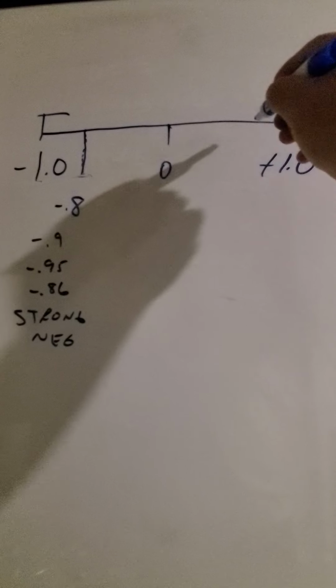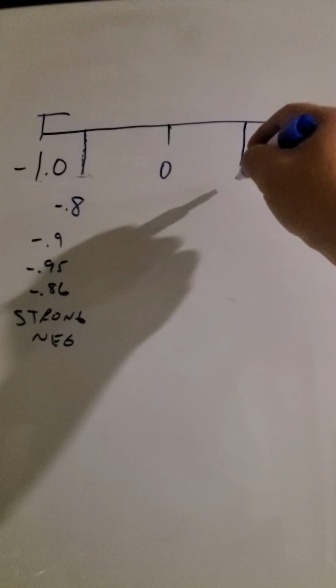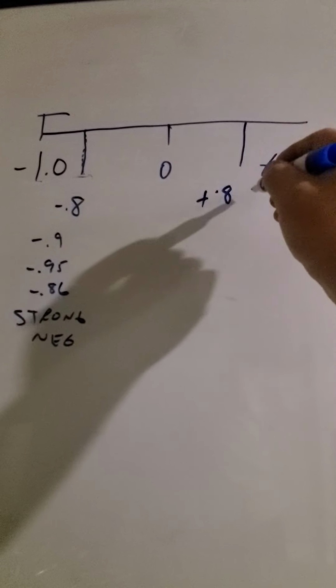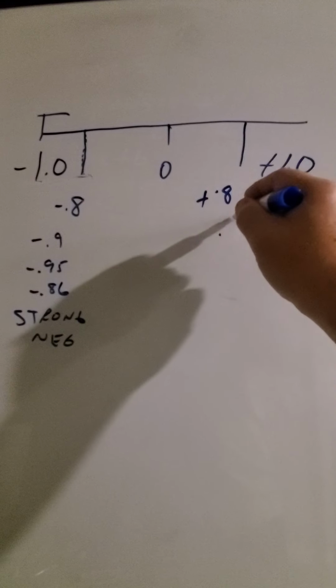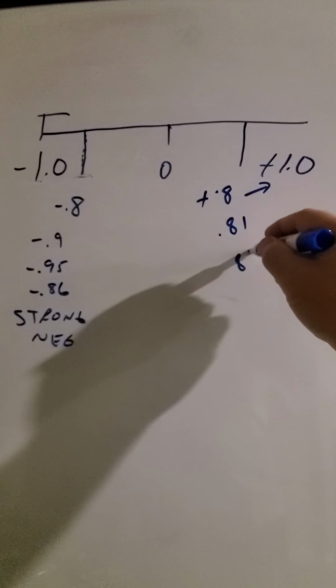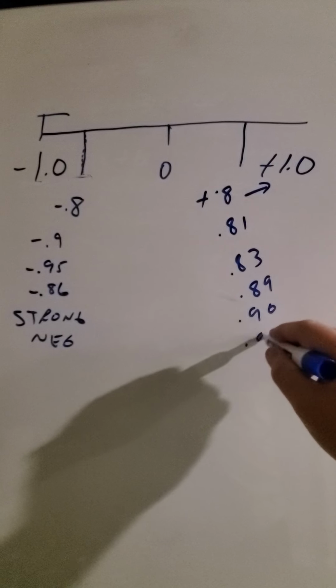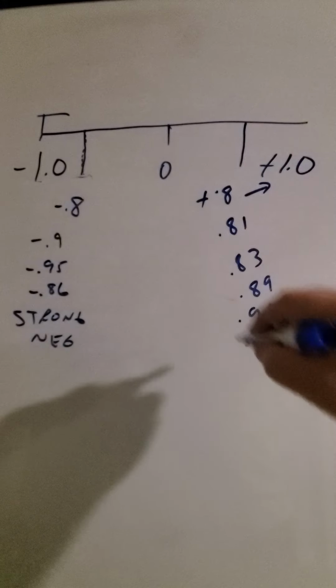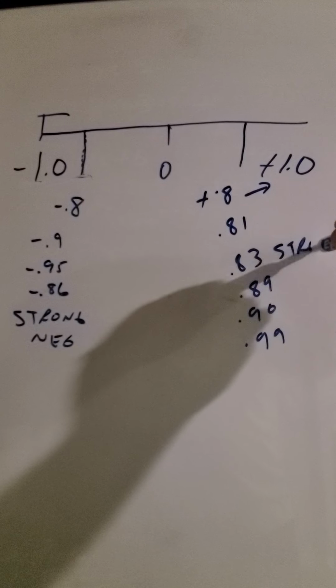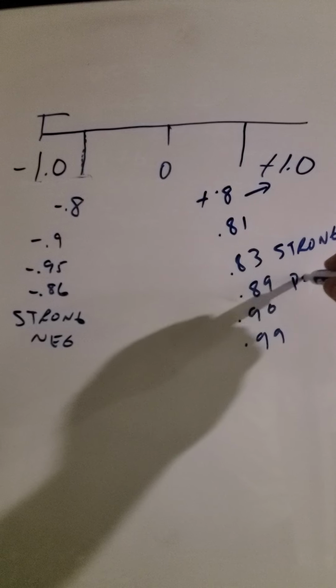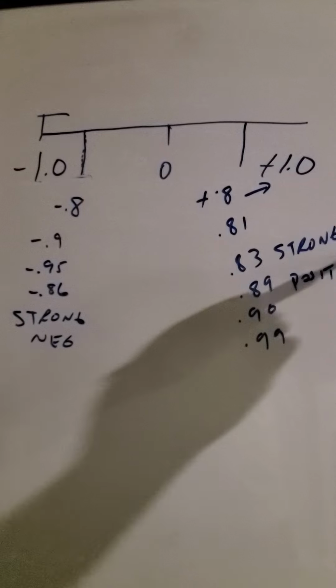Same thing with that number 0.8 over here. Anything from +0.8 to +1.0, +0.81, 0.83, 0.89, 0.90, 0.99. Any of this stuff, did you guess it yet? Strong positive.